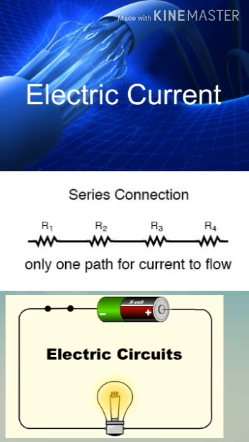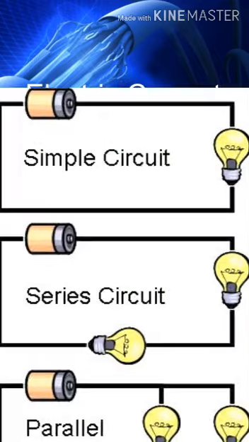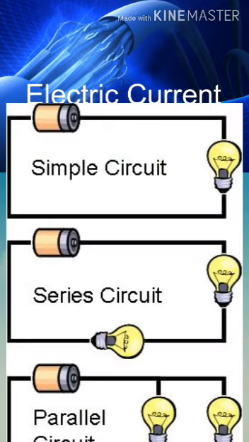You can see the series connection. This is called series connection. There is only one path for current to flow. You are seeing the series connection, simple circuit, series circuit, and parallel circuit.